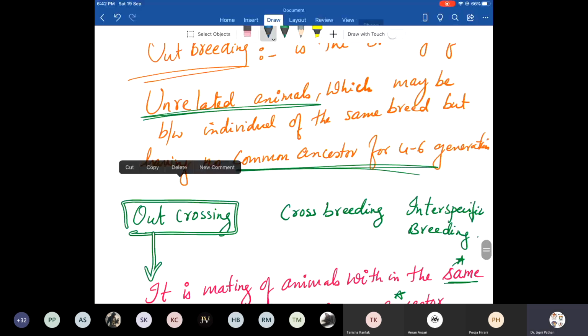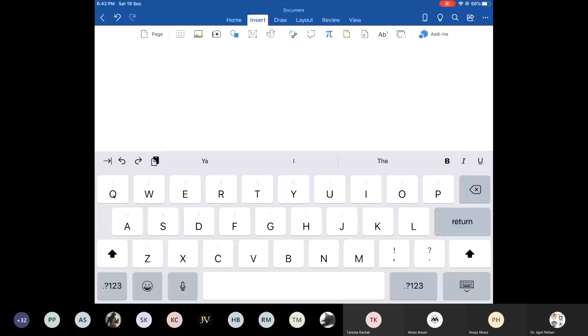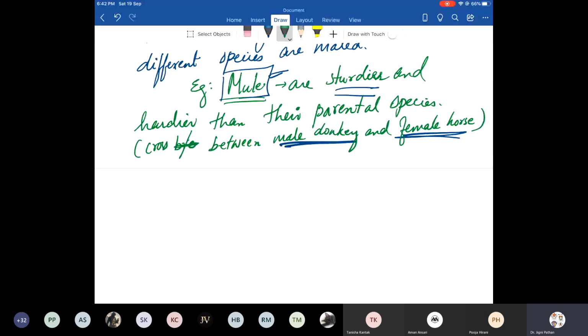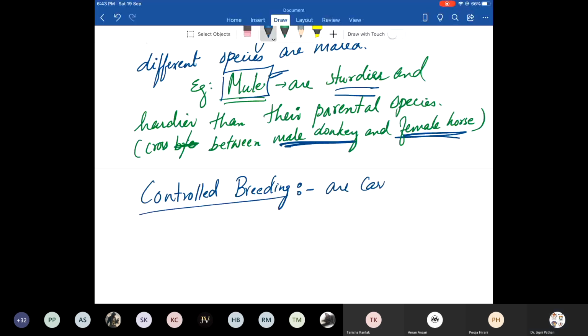The next topic we'll be studying is controlled breeding experiments, which are carried out using artificial insemination and MOET.